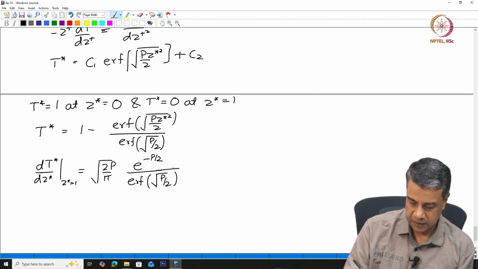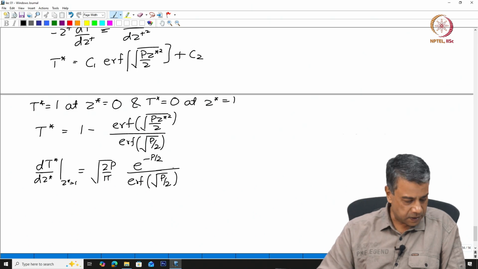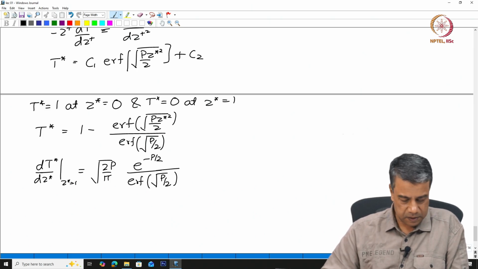Just differentiating the error function and then substituting.